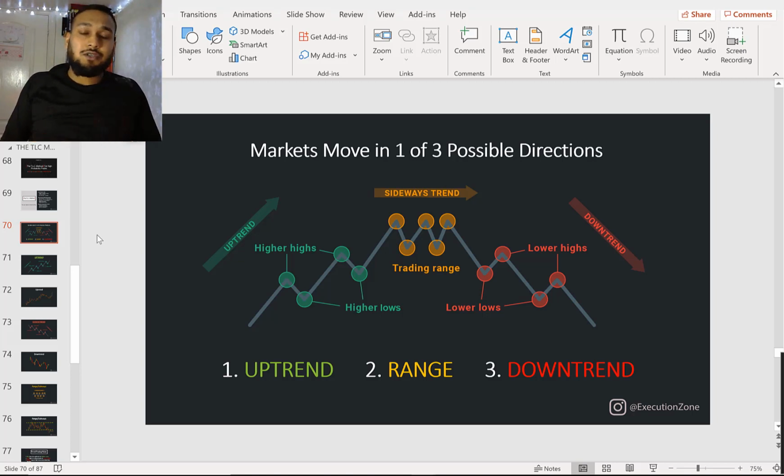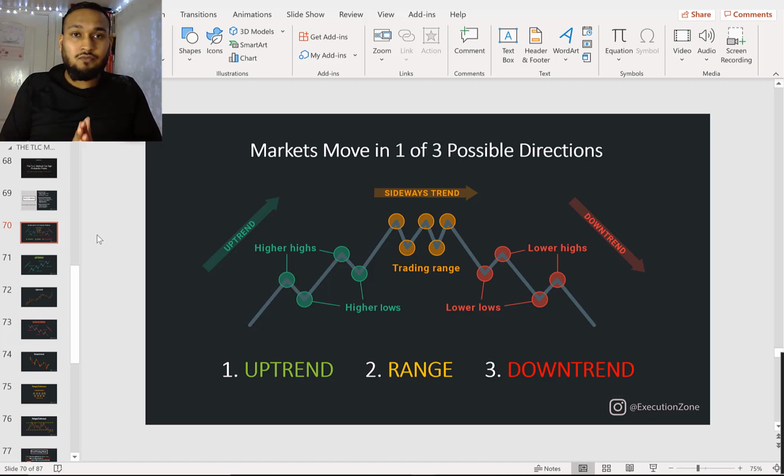To answer that question, we first have to understand how the markets move. Why the markets move is a separate topic and a video for another day. Today we just want to understand how it is that the markets move. The markets move in one of three possible directions.